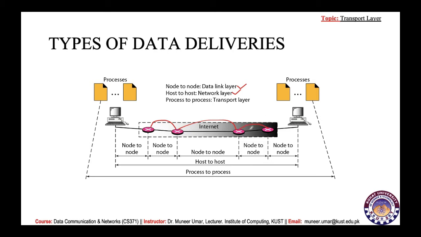All these are neighbors of each other. So the data link layer is responsible for data delivery over this link, from one hop to another hop. This is called node to node delivery.